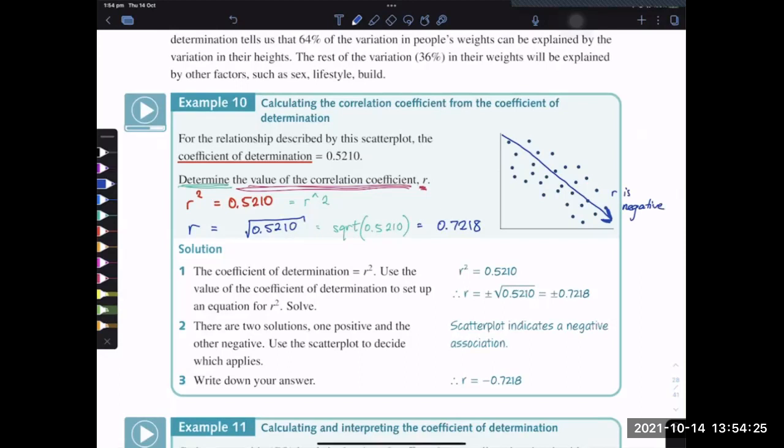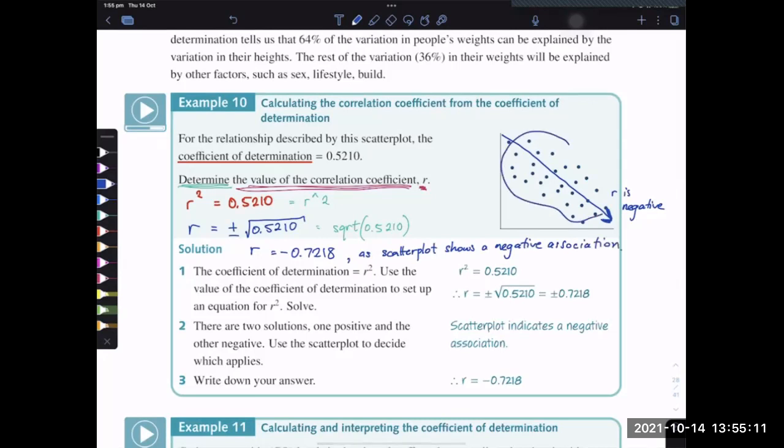The thing about when you square root something is you always have to write plus minus first. Then in the next line, you filter it out to be a negative. The way I like to reason it is to say the scatter plot shows a negative association.